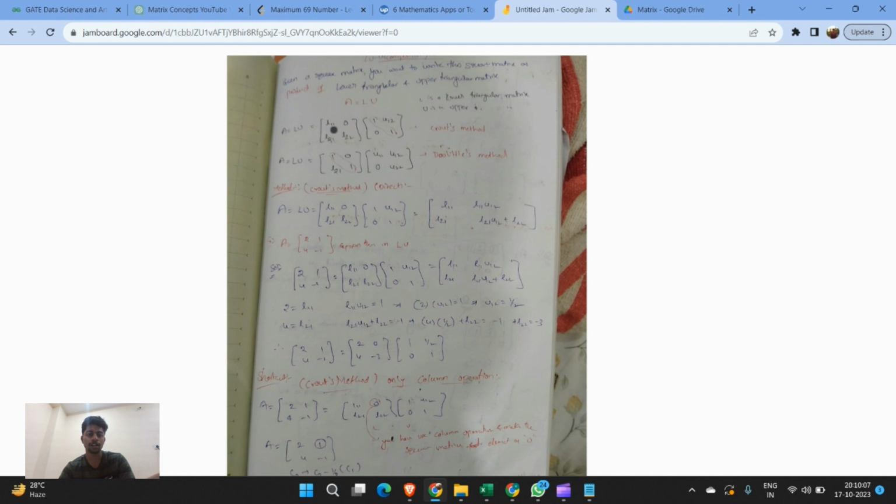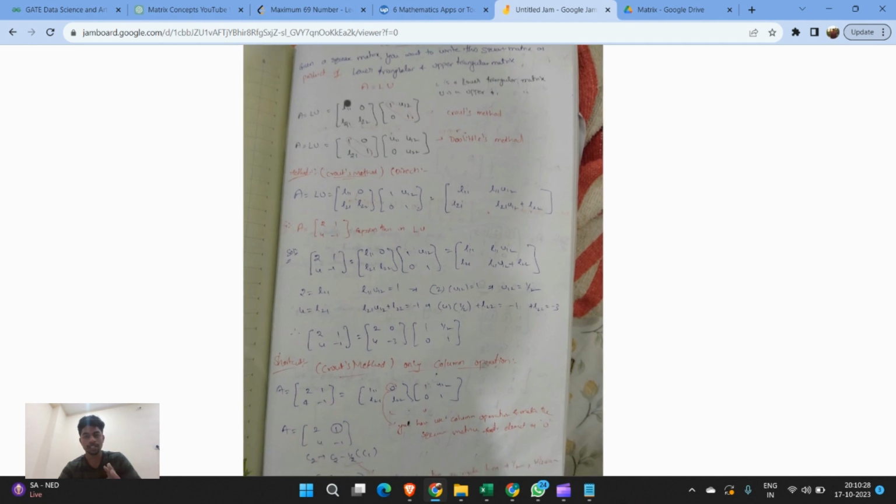And these are the normal elements L11, L21, L22, the normal index elements. After that, consider the upper triangular: make the diagonal elements 1. Then this 0, by the upper triangular definition itself, and make this U12. That's it. In the same way, consider Doolittle also. First we'll discuss Crout's method, then Doolittle's method.